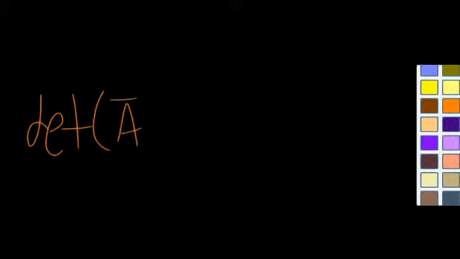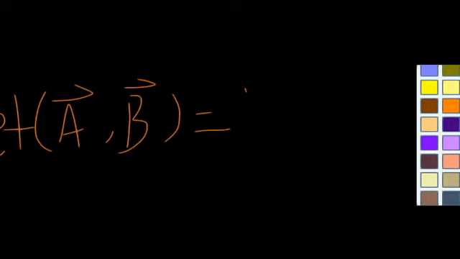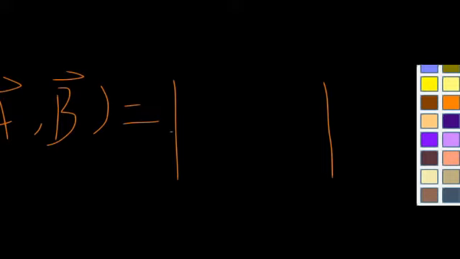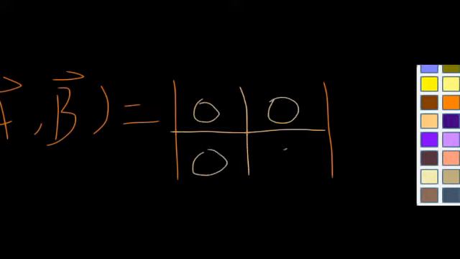Let's make it clear. det of vector A comma vector B is equal to two bars, one at each end, and I'm going to draw imaginary lines so that you can clearly see four grids, or four cells, you can say.